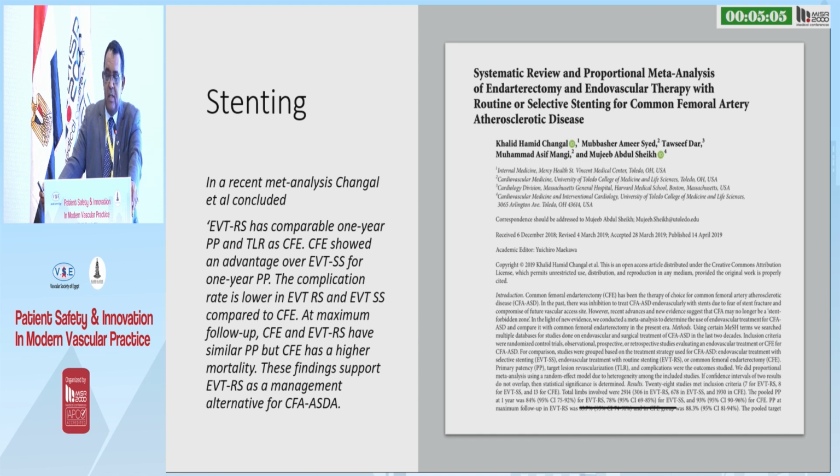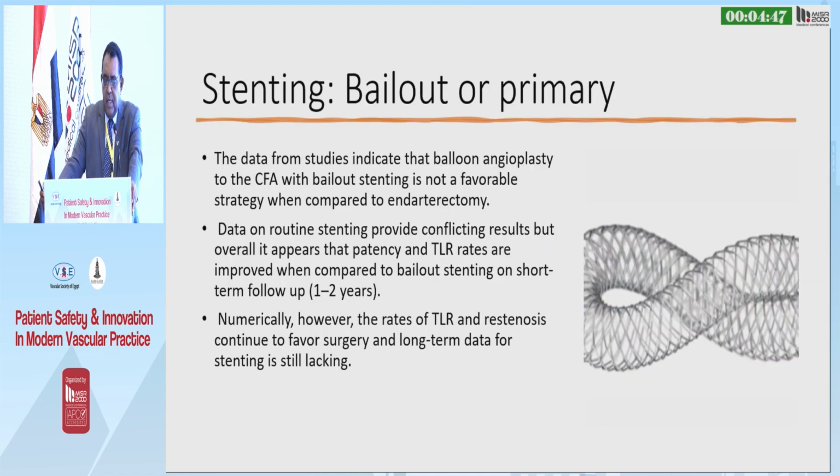However, endarterectomy was better than selective stenting at 1 year primary patency rates. The findings they felt supported routine stenting as a management alternative to surgical endarterectomy, whereas probably not for selective stenting. And that answered this question: do you go to angioplasty and bail out stenting, or do you do primary stenting? I think most of the evidence would suggest that routine primary stenting is the way to go if you are going to go down the endovascular route.